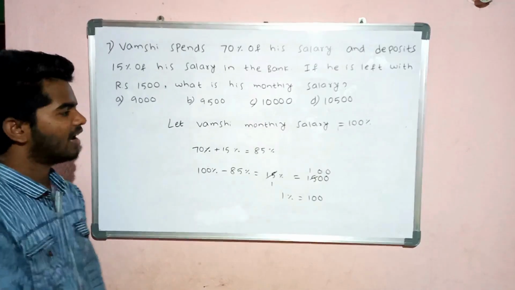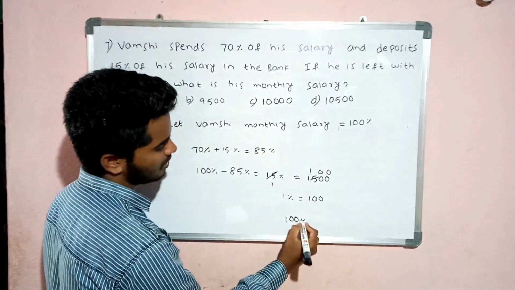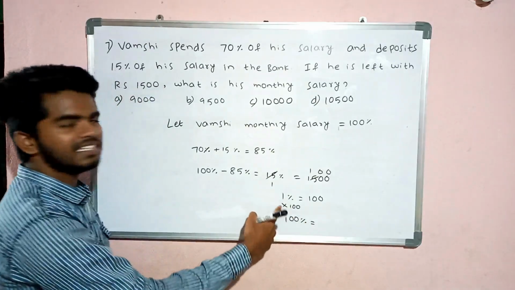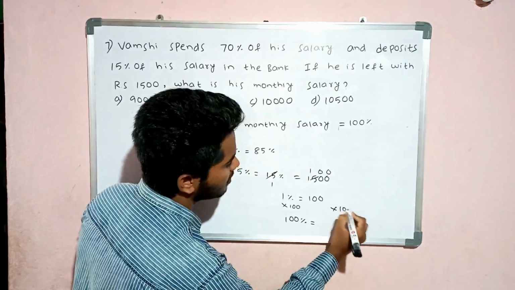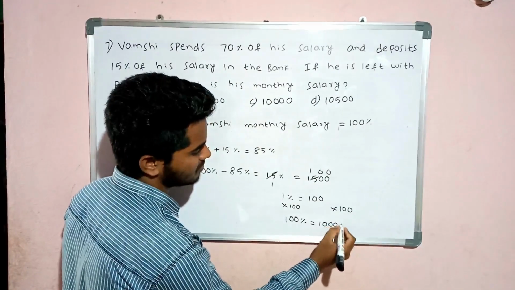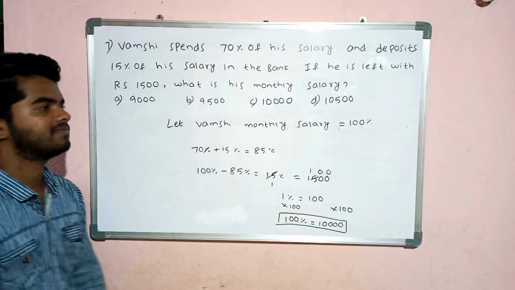And Vamshi's monthly salary is 100%. 100% equals 1% into 100, and the right side also the same, into 100. 100 into 100 is 10,000.